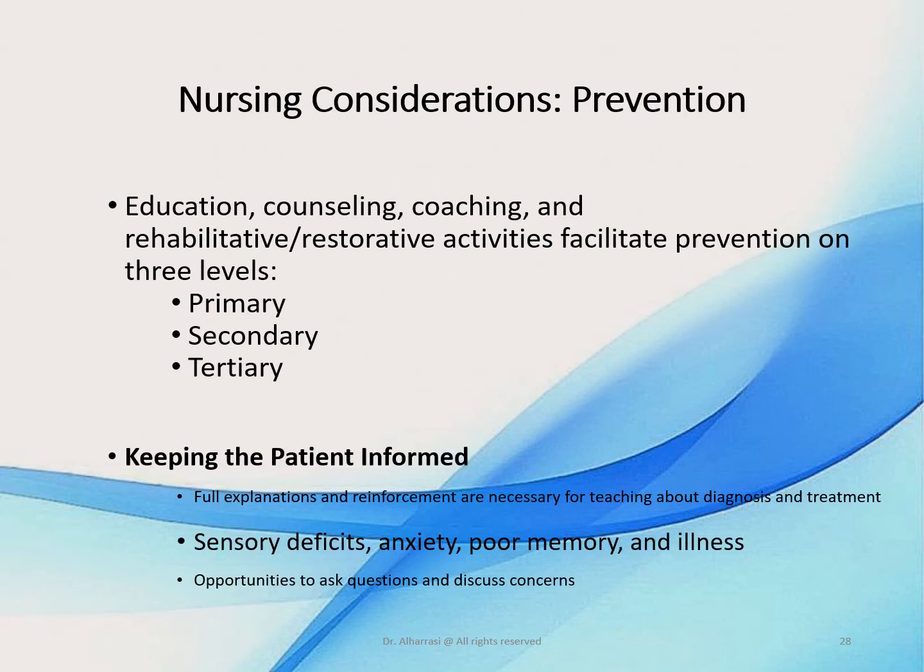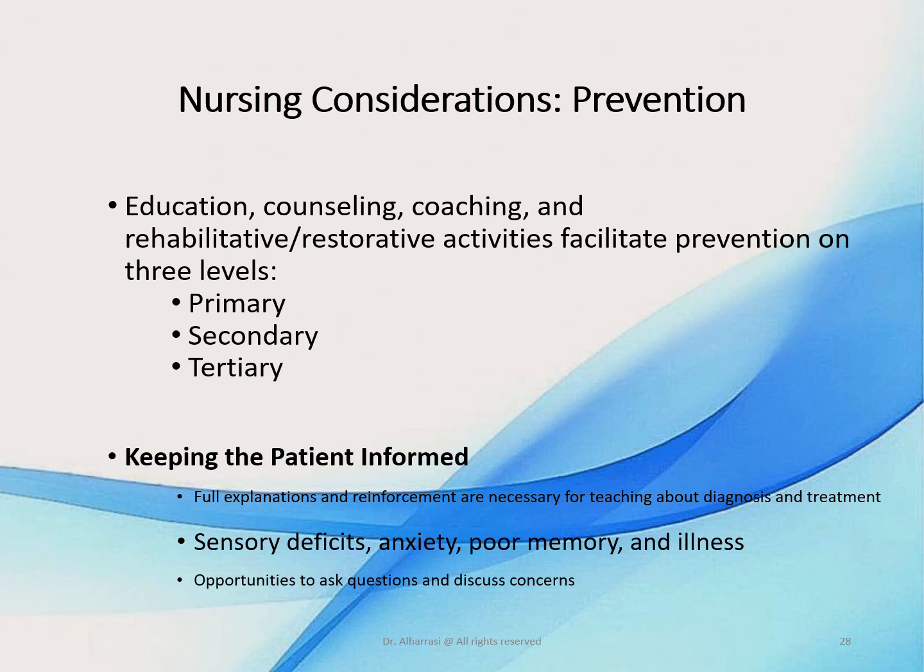A nursing consideration should focus first on prevention, such as by using education, counseling, coaching, and rehabilitative and restorative activities that may facilitate the prevention of the primary, secondary, and tertiary complications of cardiovascular diseases, such as what I mentioned about hypertension.